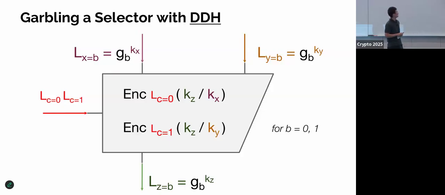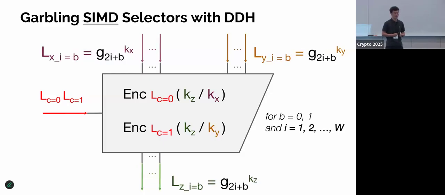Now to garble this gate, we just encrypt the ratio of the exponents of the input and output wires. As you can see, if at runtime C is 0, then the evaluator gets KZ over KX. So it can just raise the label for X to this KZ over KX power and get the label of YZ. And now you can see that the garbling material here does not depend on g_0 or g_1, right? So we can actually reuse it for multiple wires.